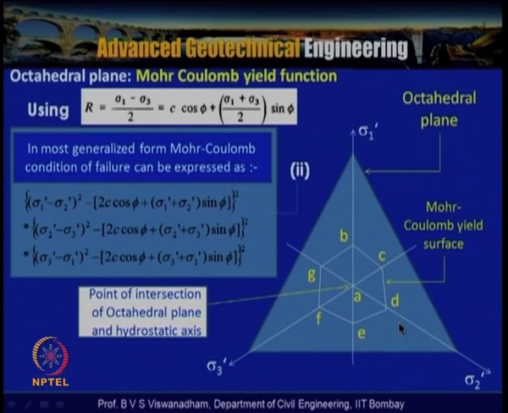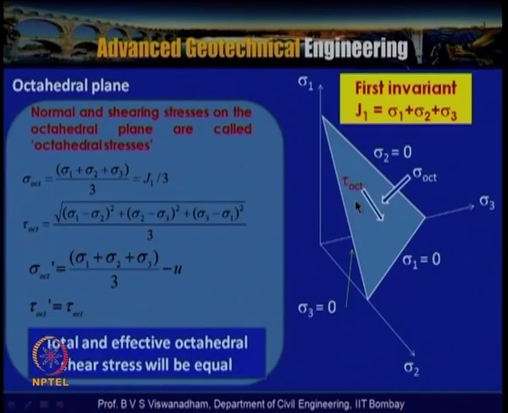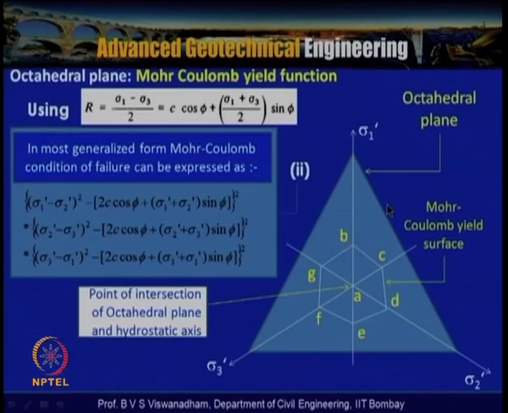When you see this in plan, we have the octahedral plane and the Mohr Coulomb failure surface superimposed here, where B, C, D, E, F, G are the vertices at the points shown, and A is the point of intersection of the octahedral plane and the hydrostatic axis. So this is called the Mohr Coulomb yield surface, and this is the octahedral plane.